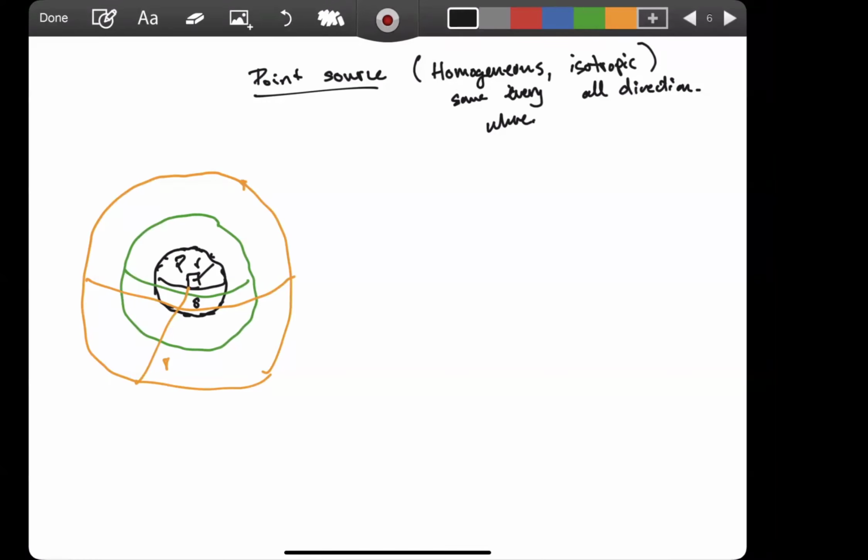That power is contained in each one of these spheres moving outward, and the power in each sphere is identically the same. So the power in the black sphere versus the green sphere versus the yellowish sphere are all the same, because the energy per unit time carried by the waves is exactly the same.